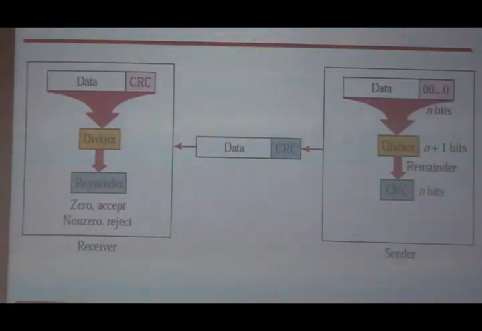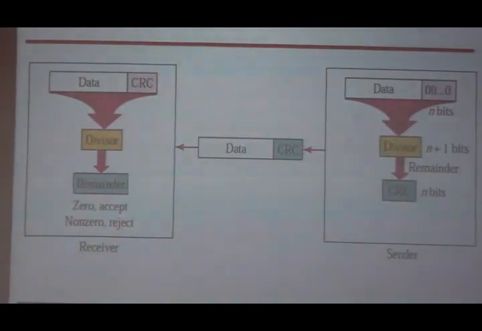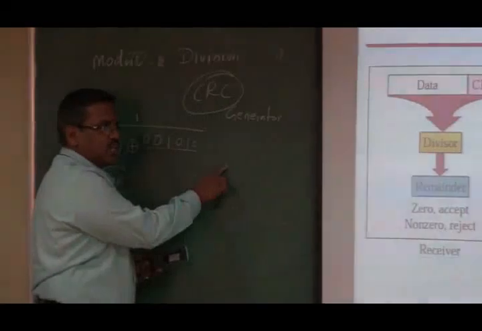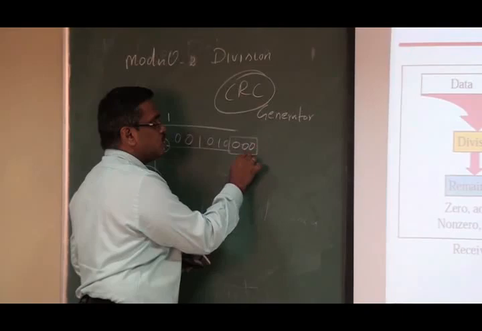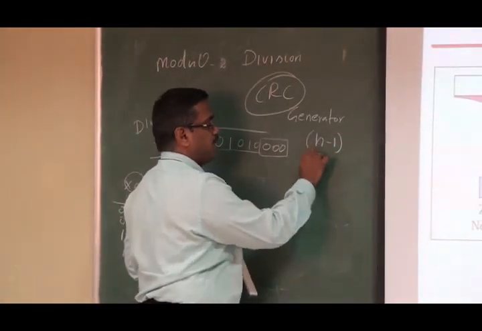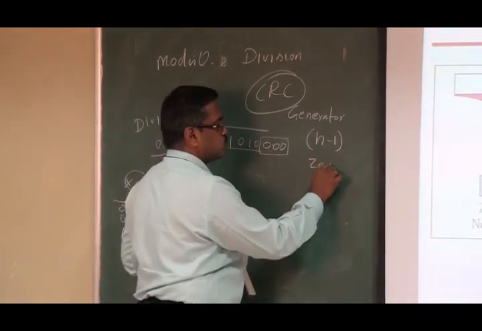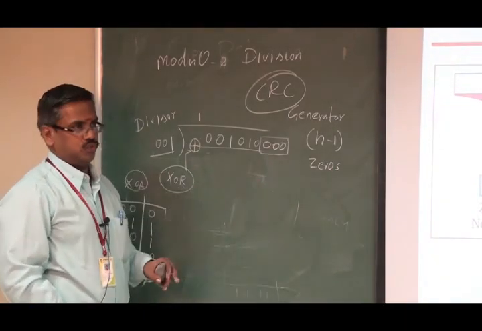Along with the original data, as per the CRC generator rule, n minus 1 zeros are added at the end of the message.